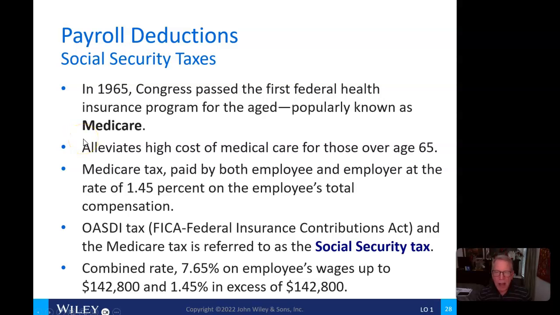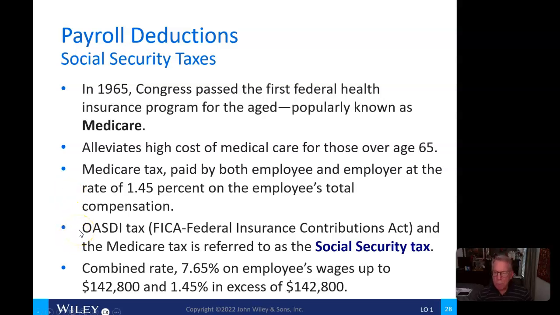And that Medicare tax is paid by both the employee and the employer at a rate of 1.45% of the employee's total compensation. There used to be some maximum limits on that Medicare tax too, but those maximums have gone away a long time ago.